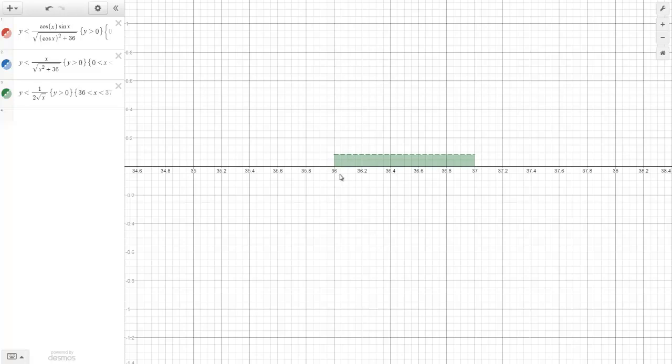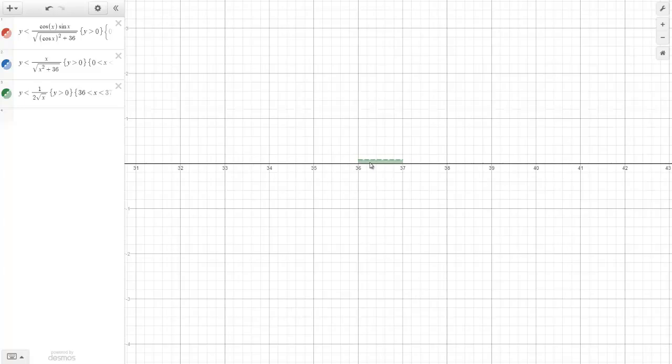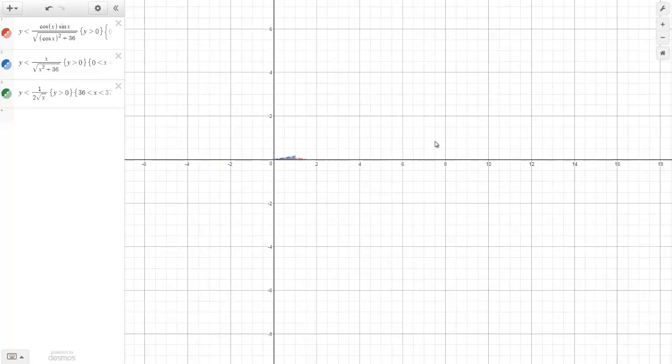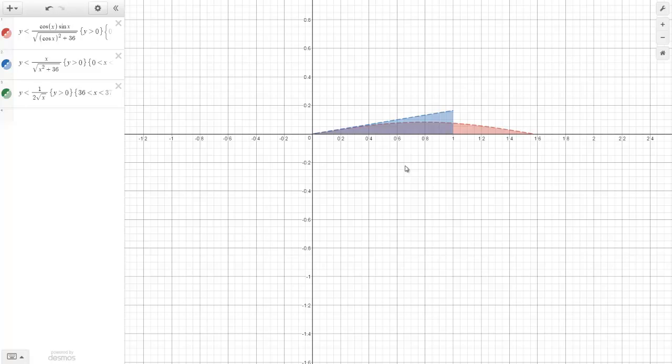So the area between x equals 36 and x equals 37, but below this function 1 over 2 square root of x, that shaded area is exactly equal to this red shaded area, which is exactly equal to this blue shaded area. Those three regions are exactly equal to each other. That's what's really cool about substitution.